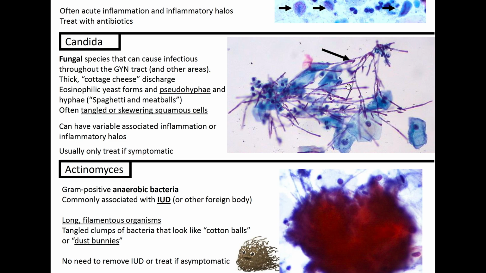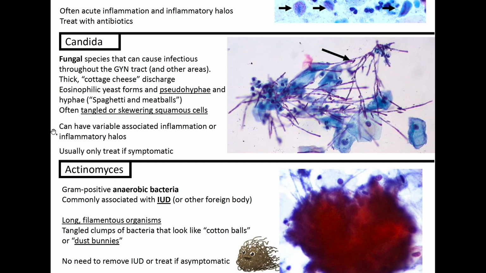So they have this spaghetti and meatballs look, often tangled or skewering squamous cells. I've heard that referred to as a shish kebab, where you can have these hyphae and pseudohyphae with squamous cells that have kind of been pierced by them, so it looks like what you would imagine a shish kebab that you put over the fire and then eat. So this would be a Candida shish kebab of squamous cells.